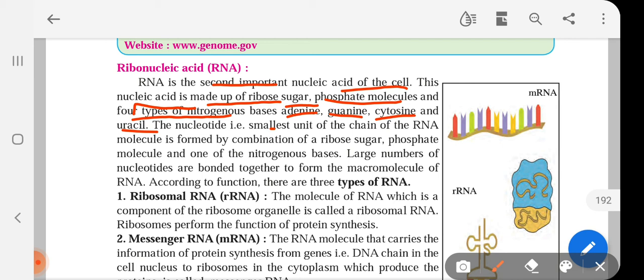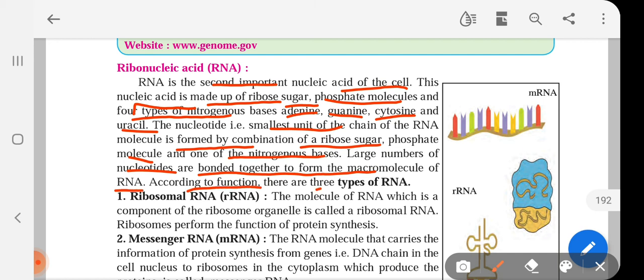The nucleotide, the smallest unit of the chain of the RNA molecule, is formed by a combination of a ribose sugar, a phosphate molecule, and one of the nitrogenous bases. Large numbers of nucleotides are bonded together to form the macromolecule of RNA.